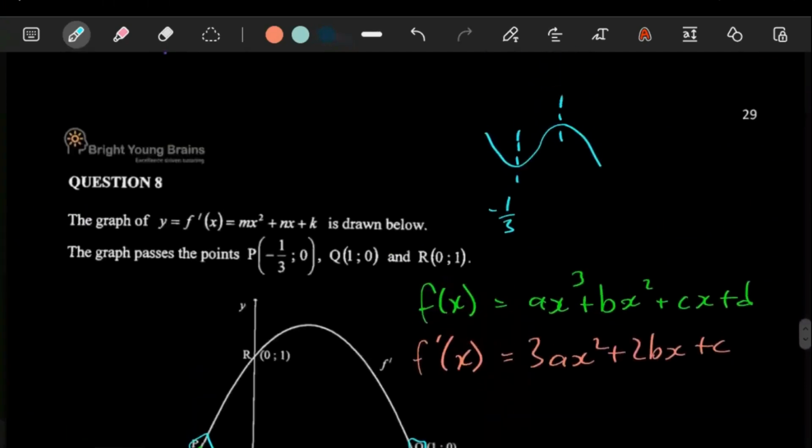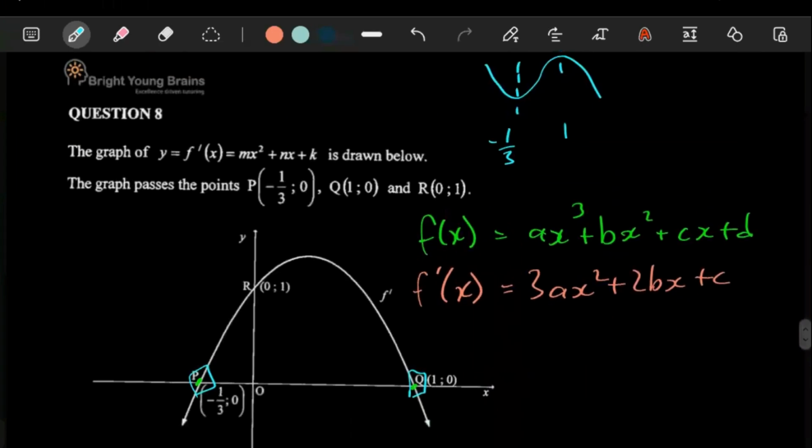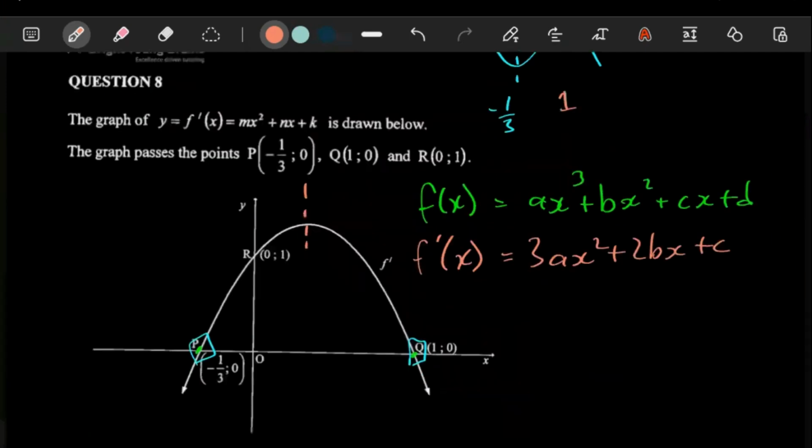You'd get a turning point over there at negative a third, and you'd get a turning point at positive 1. Now, the big idea is between your two turning points, that's where you get your point of inflection. So here, in between negative a third and 1, that's where you get your point of inflection.